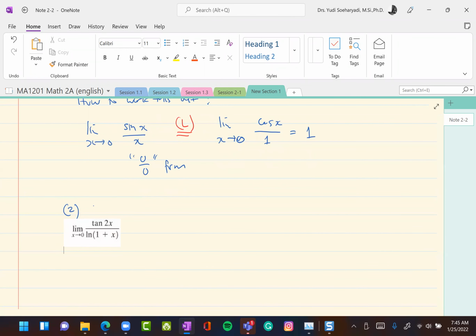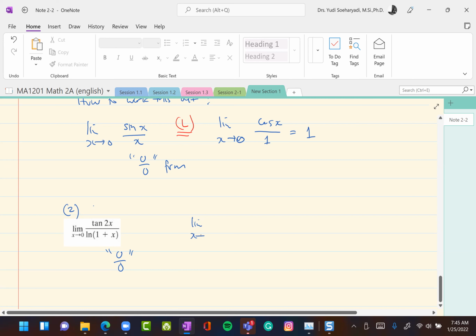Okay, if you look at this one, let's check the form first. This is tangent, so tangent going to 0. This is 0 over ln going to 0, so ln 1 is 0. Okay, so this is small over small. So we are going to use L'Hopital's rule. So instead of this, we compute this one.